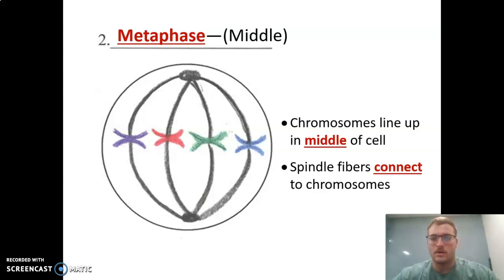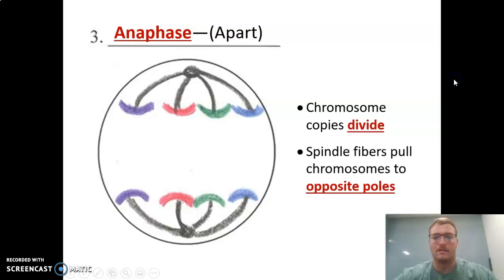The chromosomes line up in the middle of the cell, and the spindle fibers connect to these chromosomes. In that diagram, you can see what is going on in the process. During anaphase, the chromosome copies divide. The spindle fibers begin to pull apart the chromosomes to the opposite poles, and they are separated into identical chromatids.